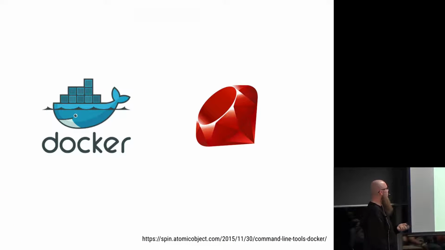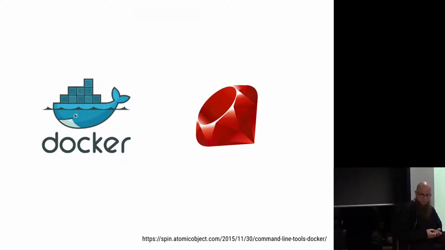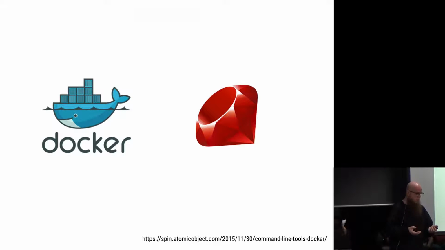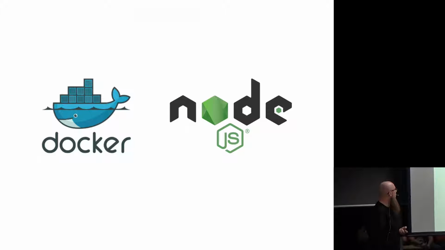I did a lot of research, and surprisingly, I found some interesting blog articles around using Docker to manage command line Ruby tools. A guy called Mike English wrote the blog post, and in looking for how to manage his own tooling, he found other people that are doing it. So I figured, well, if it works for Ruby, why not Node? I mean, what would that look like? So I decided to experiment and play around.